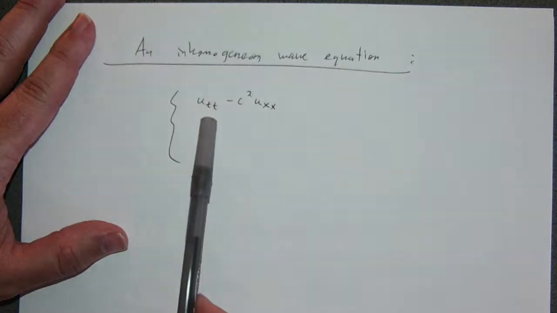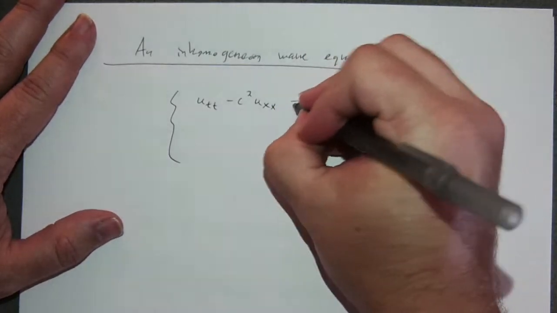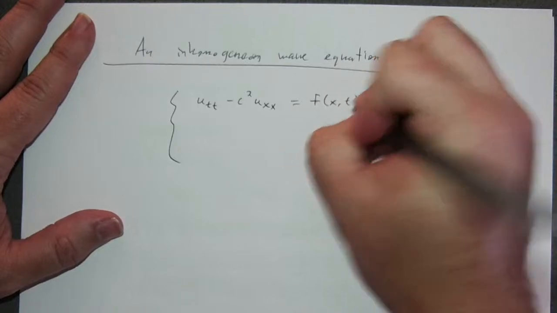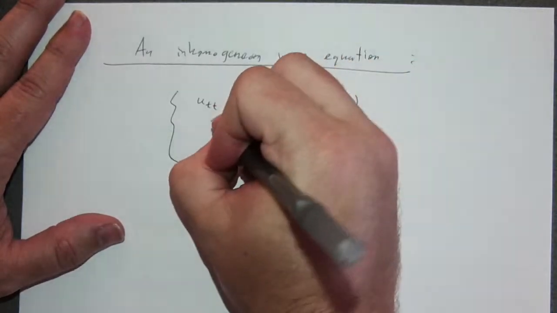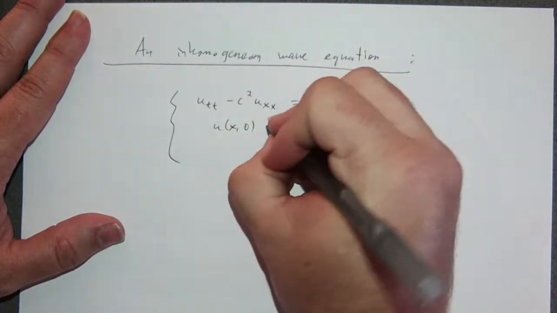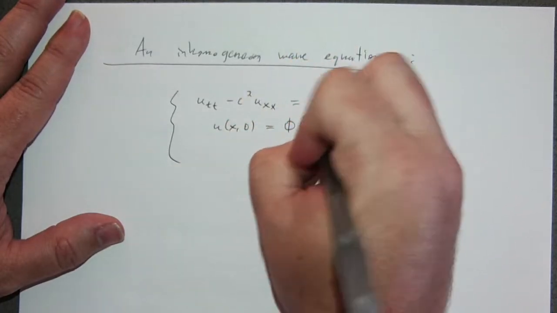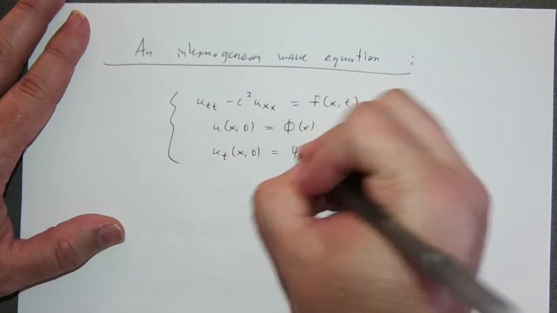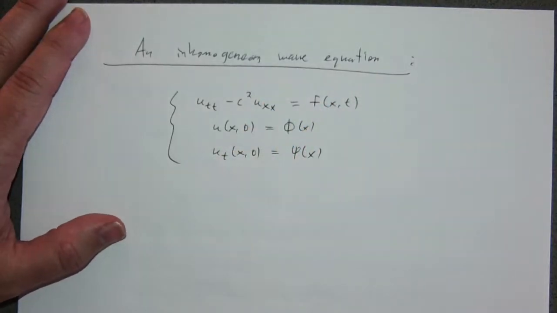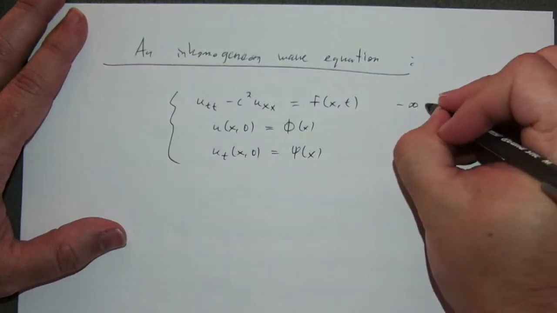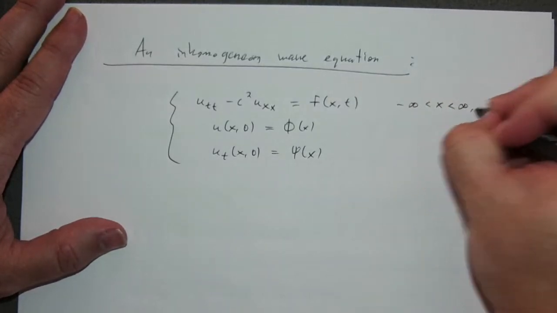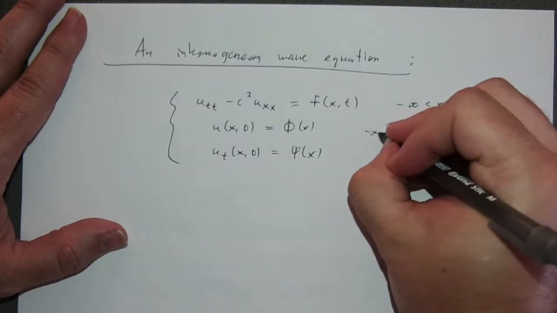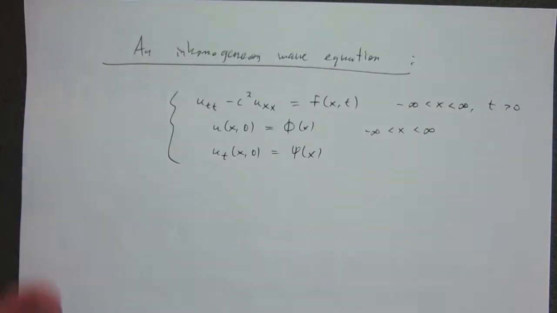So u sub tt minus c squared u sub xx is equal to some function f of x,t, and again we have initial displacement and velocity phi and psi. I'm not going to rewrite all of these. Okay, so these are on the real line.